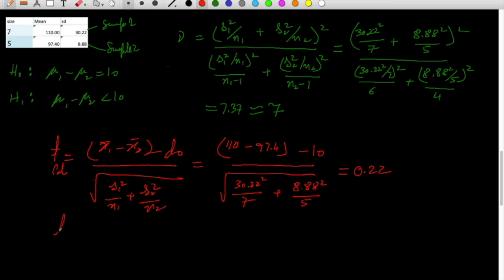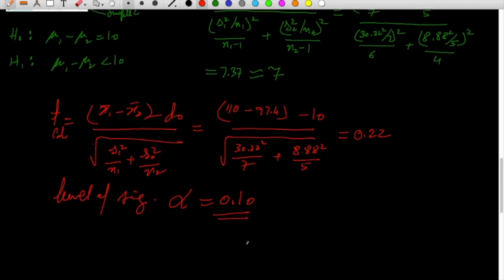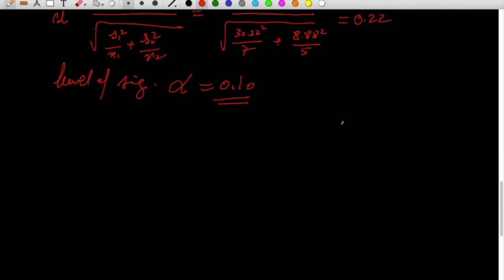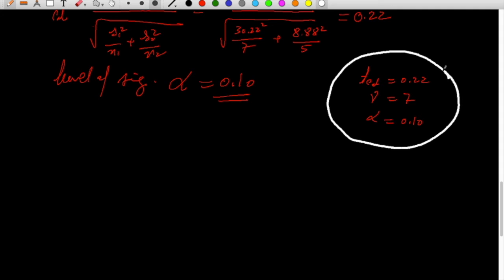For the level of significance, alpha is given in the problem. When we are doing one-tail hypothesis testing with t calculated as 0.22, mu as 7, and alpha as 10 percent, for these three values, if we see the t distribution, what will be the condition?